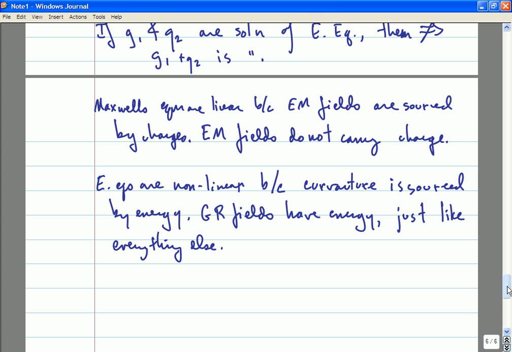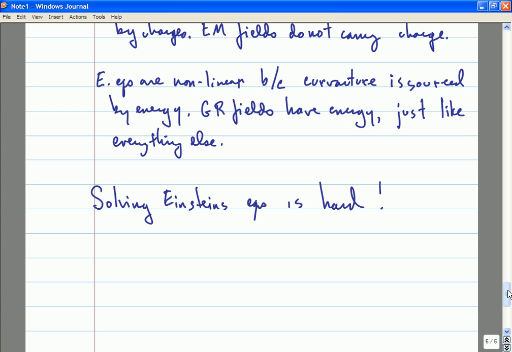So what does it mean that the equations of motion of general relativity are nonlinear? What it means is that solving the equations of general relativity is hard. And so, because of that, there are relatively few examples where the equations of motion of general relativity can be solved exactly.